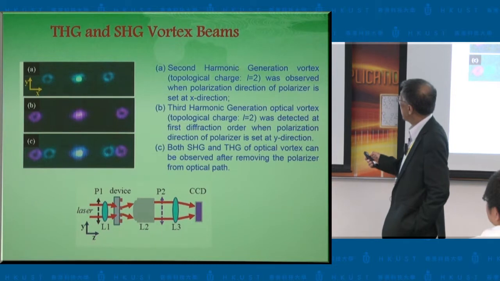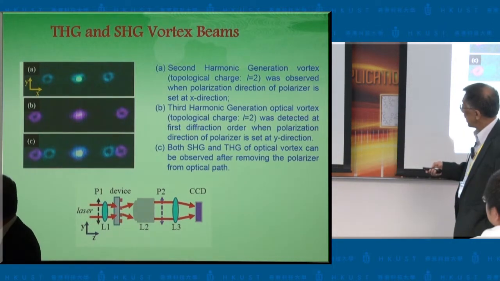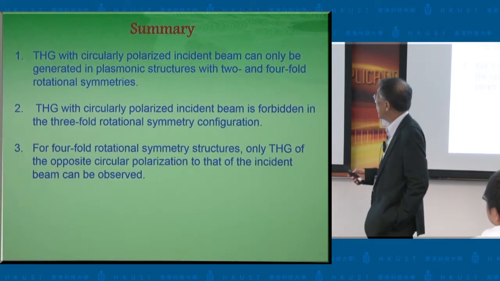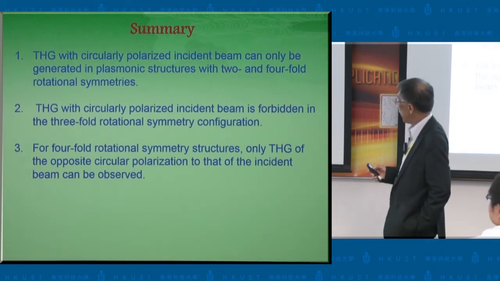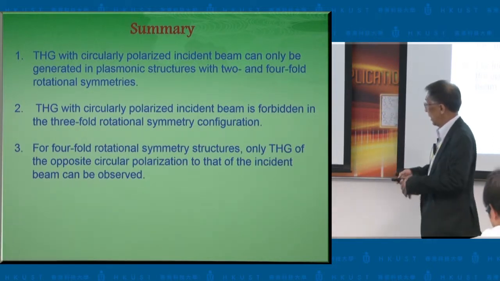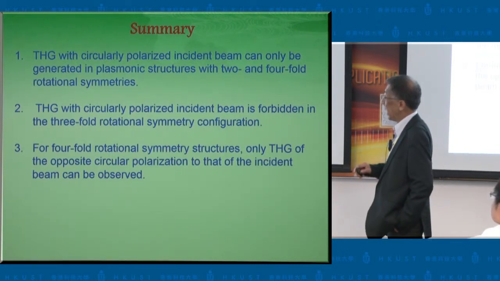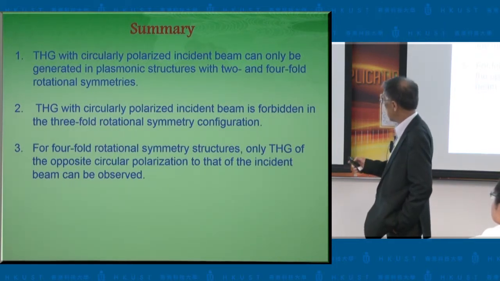The second harmonic is when the polarizer is set at the X direction, and the third harmonic is set at the Y direction. So summarizing, we can generate higher harmonics with a polarized incident beam, and that shows you could have control of how you enhance the harmonics using a plasmonic surface structure.